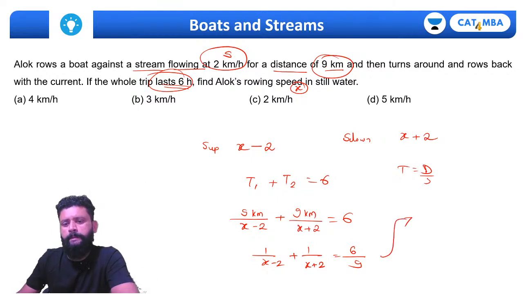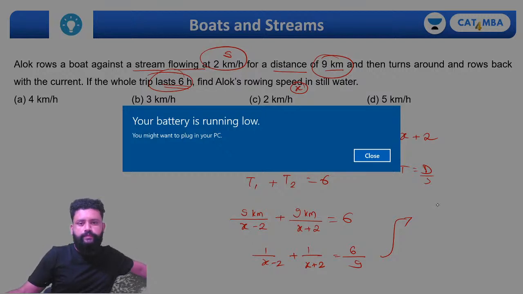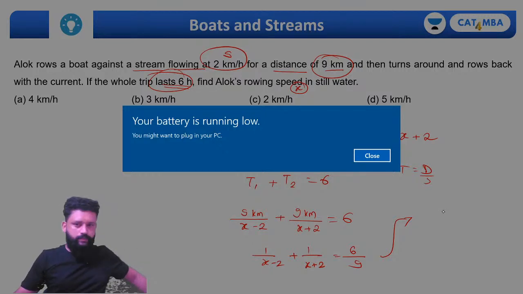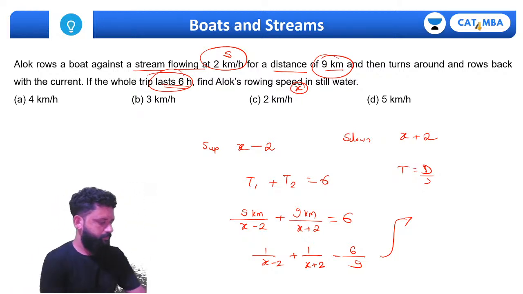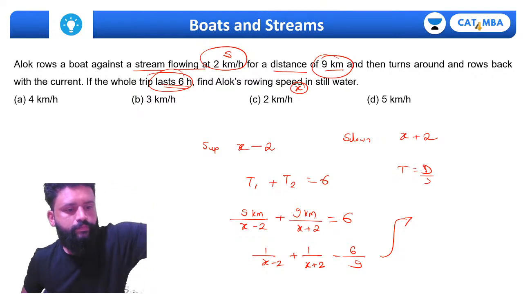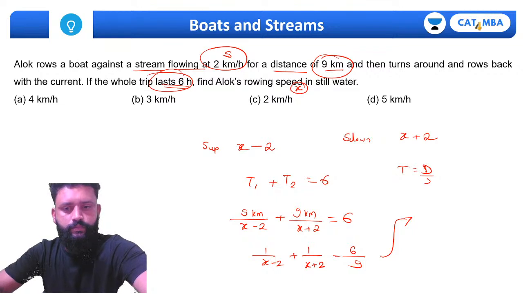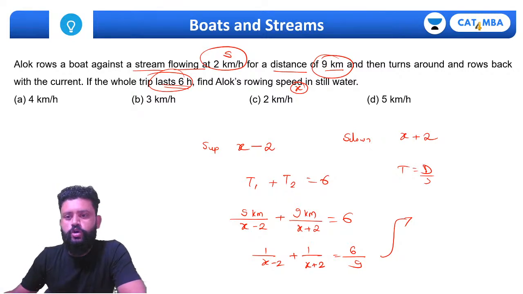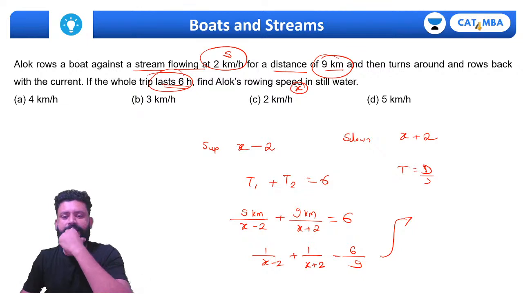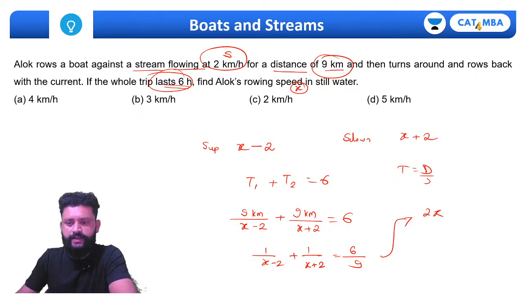Then we'll be getting 2x, so wherever we have x plus 2 minus x plus 2 plus x minus 2, that will be just 2x upon x square minus 4, and this must be equal to 6 by 9, right?